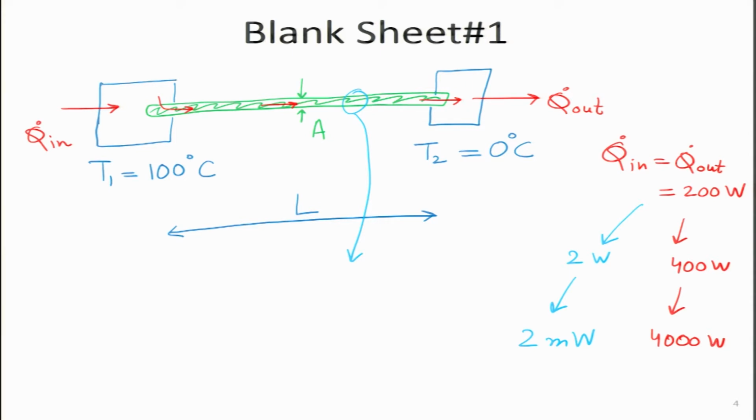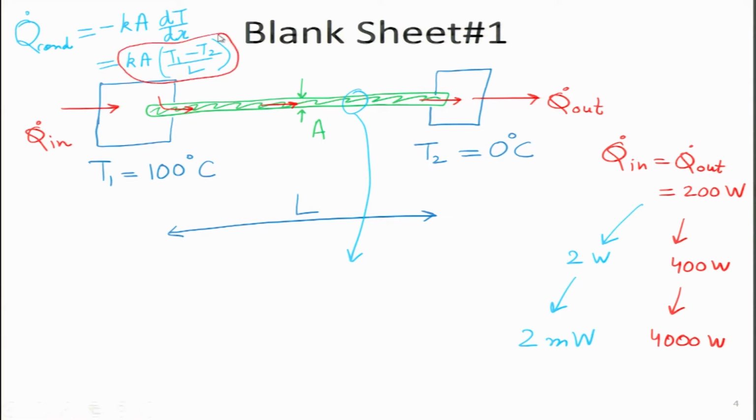So, I can write again that expression over here, that for pure conduction in one dimension, we can write this equation, which reduces to this equation over here, which means I can vary any of these parameters.